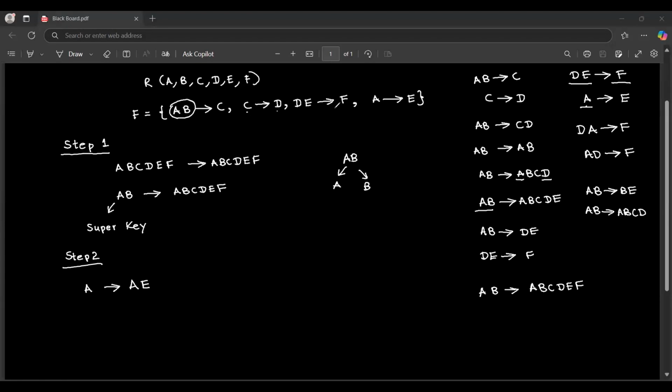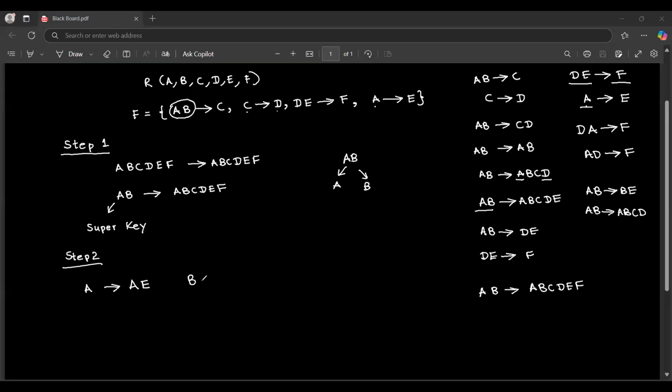Here C and D, nothing to do with that. Here we have D, E, and here we have F. A functionally determines E is fine, and we can replace E with A and get DA functionally determines F. No worries. But we need A, B together, not only A. So that is not going to make any changes in this one.